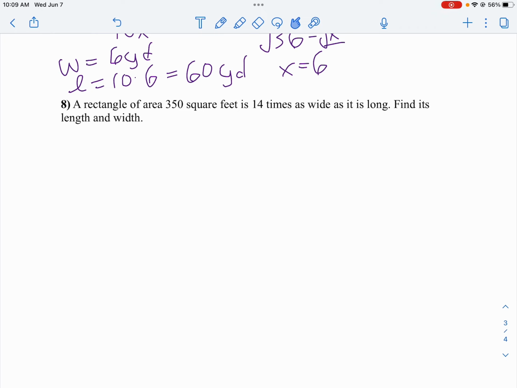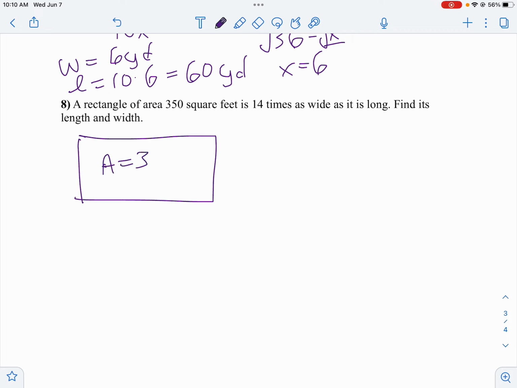And if we take a look at question 8, it's kind of familiar. It's almost like we made another one very similar. Just use some different numbers. We know the area this time is 350. And I know it's 14 times as wide as it is long. So I'll call the length x and the width 14x. So in other words, 350 equals 14x squared. Divide both sides by 14.